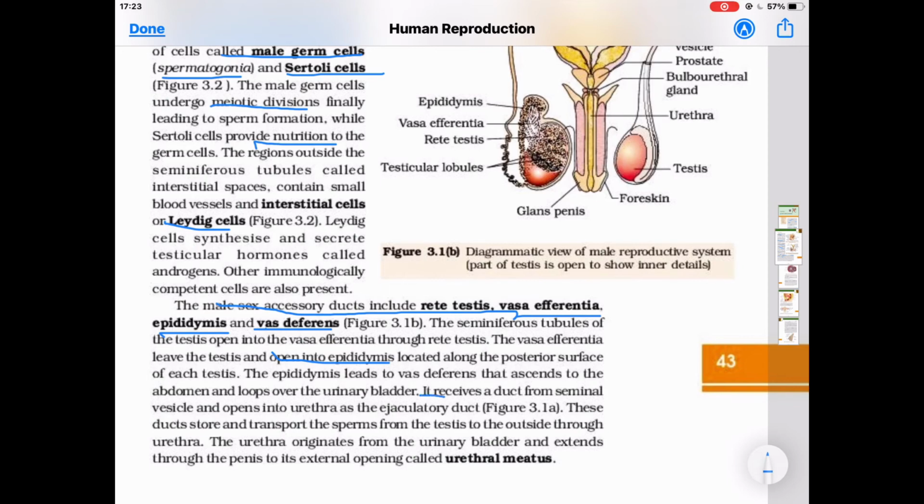It receives a duct from seminal vesicle and opens into urethra as ejaculatory duct. These ducts store and transport the sperms from the testis to the outside through urethra. The urethra originates from the urinary bladder and extends to the penis to its external opening called urethral meatus.